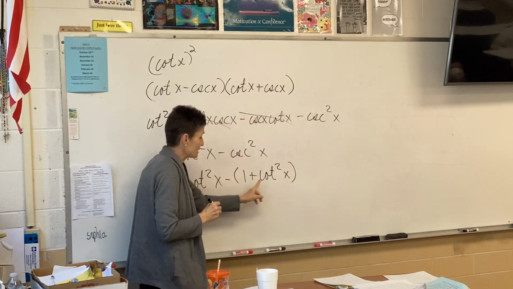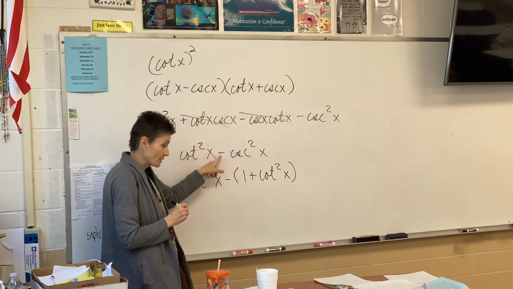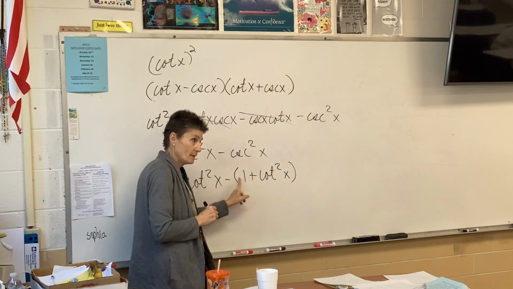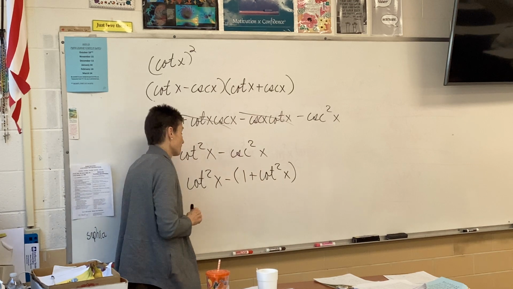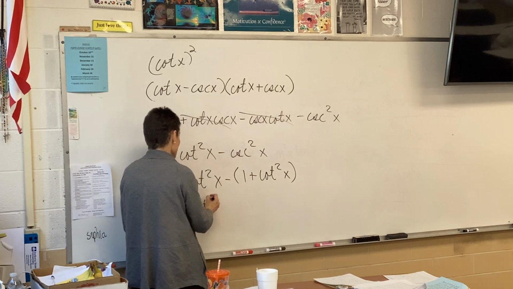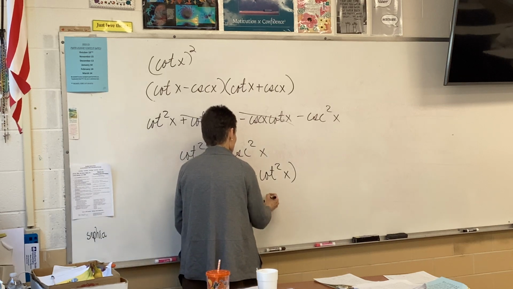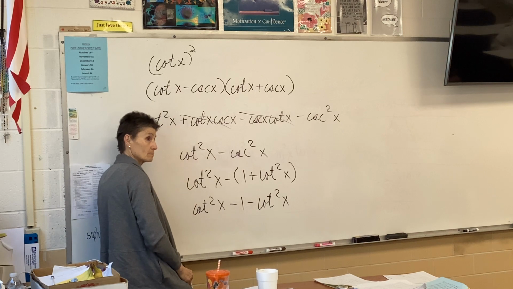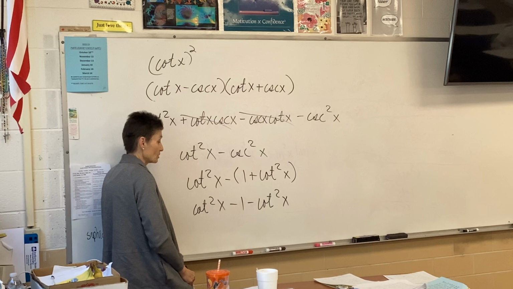These parentheses are necessary since I'm subtracting, because what's going to happen with that minus sign? It's going to go to both parts. So now I've got cotangent squared minus 1 minus cotangent squared. What's this end up equaling? Negative 1.